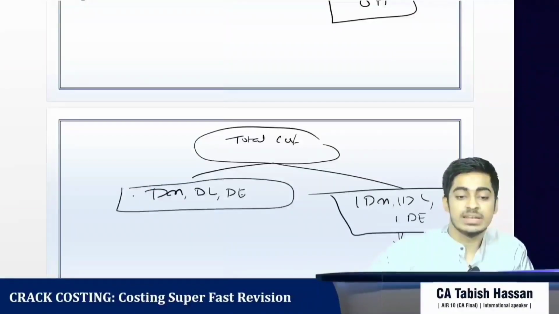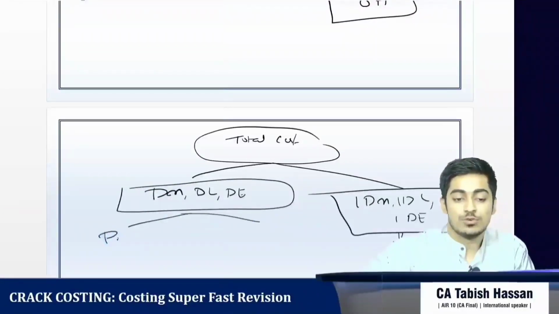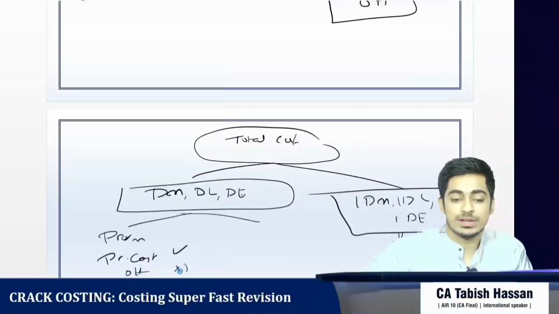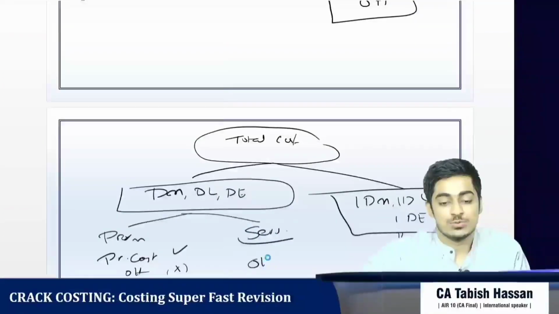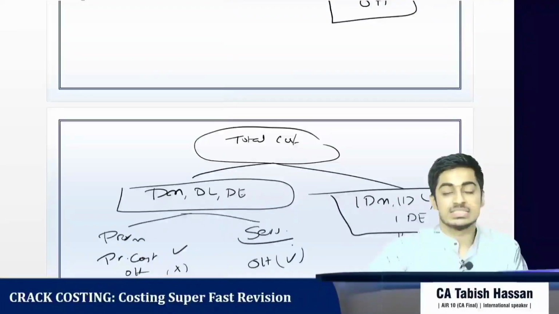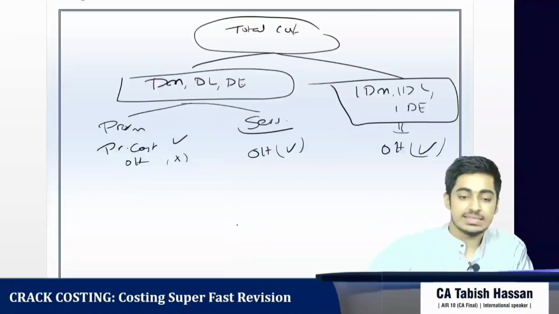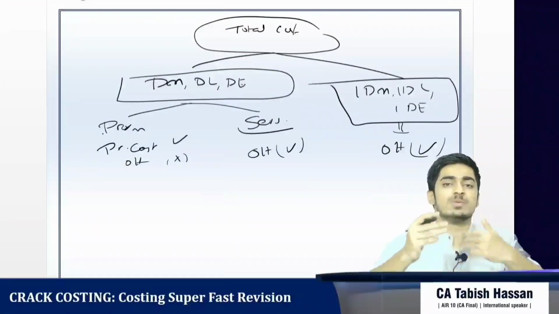Direct material, direct labor, and direct expenses, for the production department, form part of prime cost. So they do not form part of overhead. But for the service department, all costs are indirect, so they form part of overhead. That's the first thing.